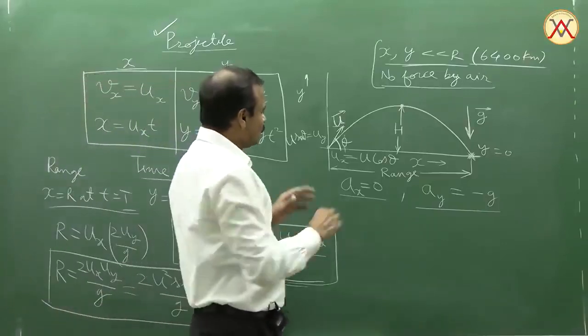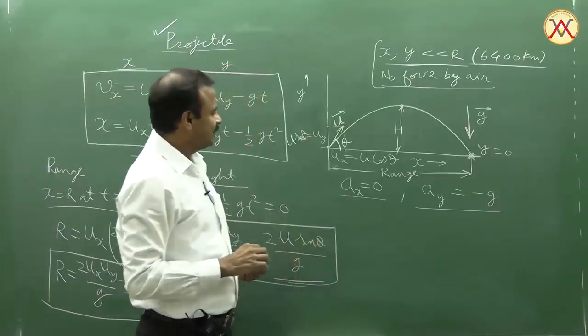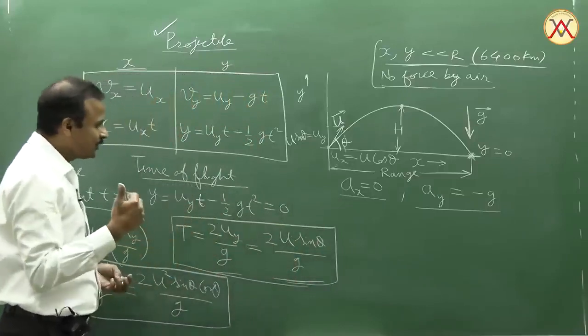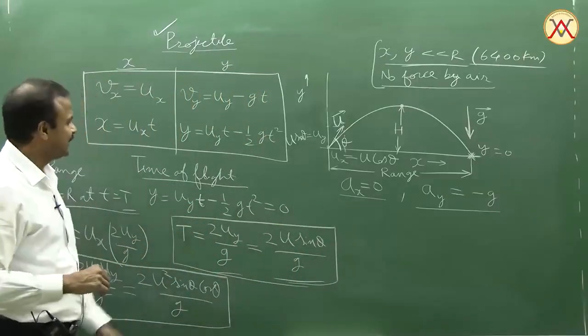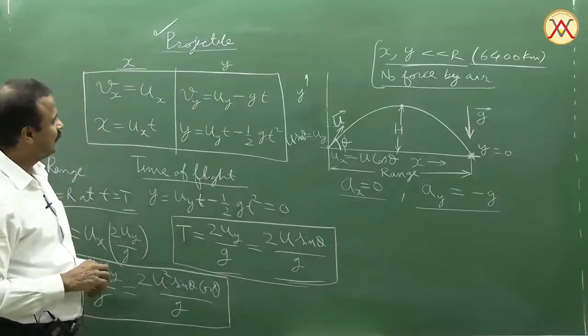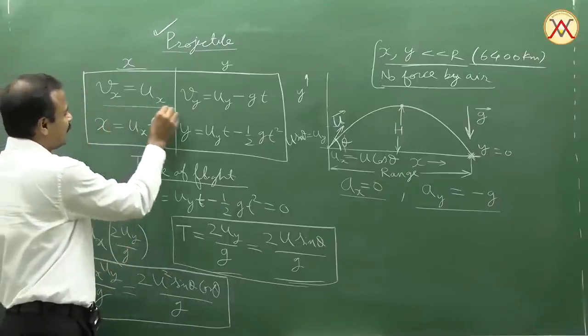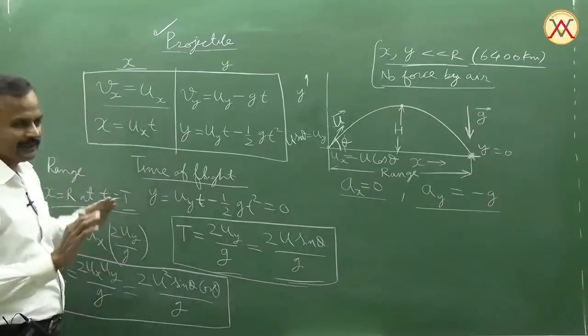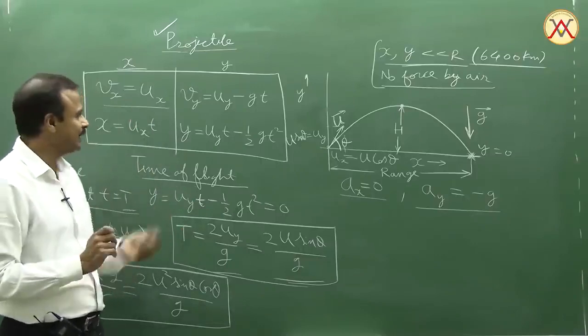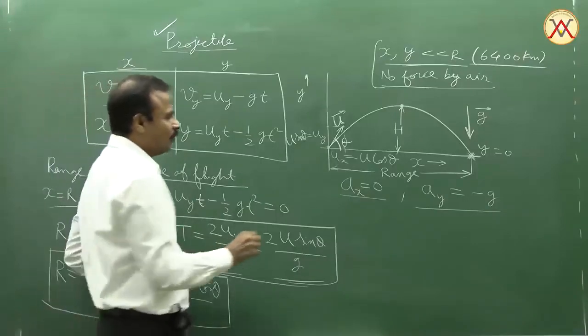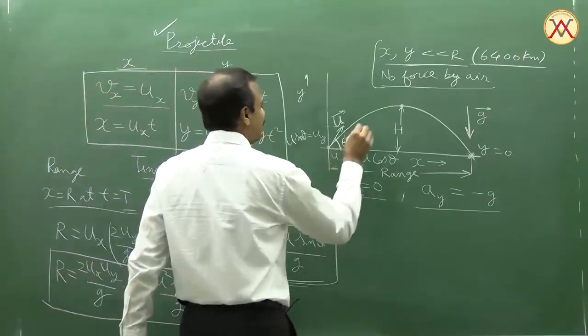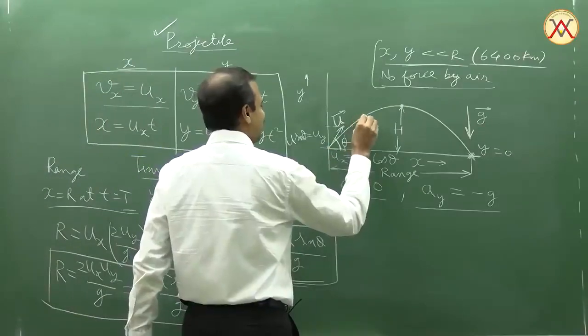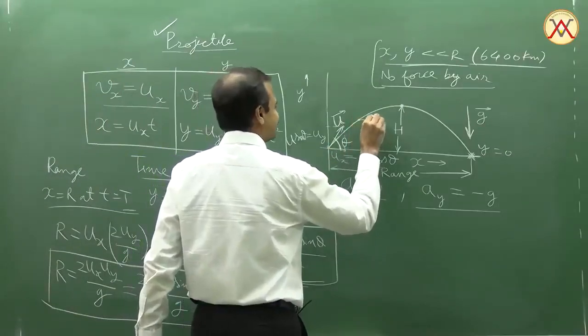See, if you look at how the velocity of a projectile is changing, the x component of velocity is simply not changing at all. It is constant. Whatever it was here, at a higher point, it will be exactly the same.